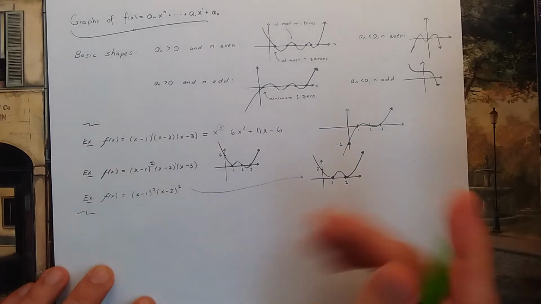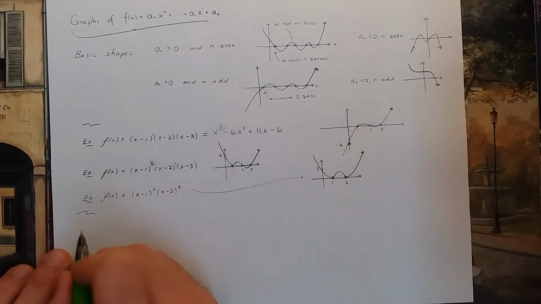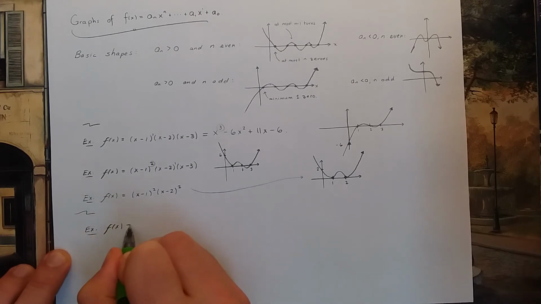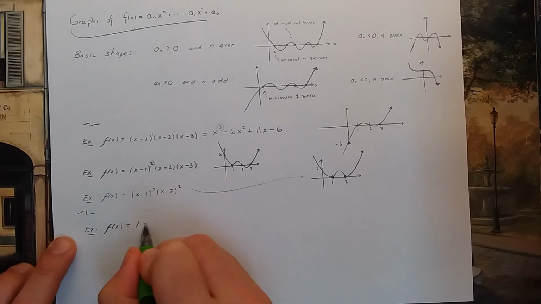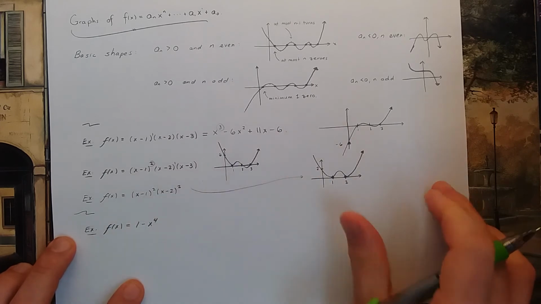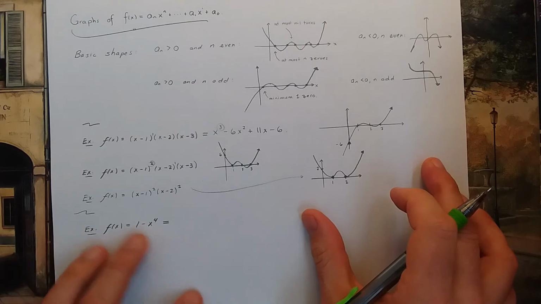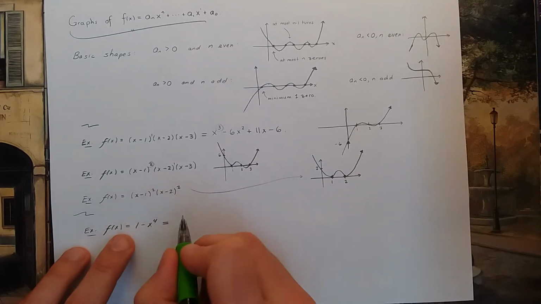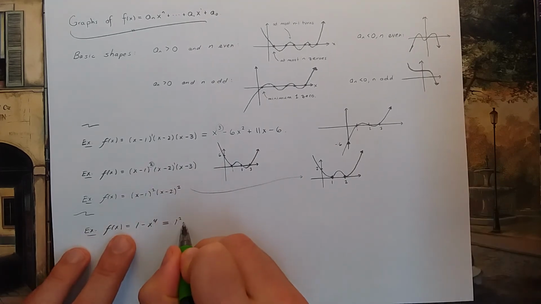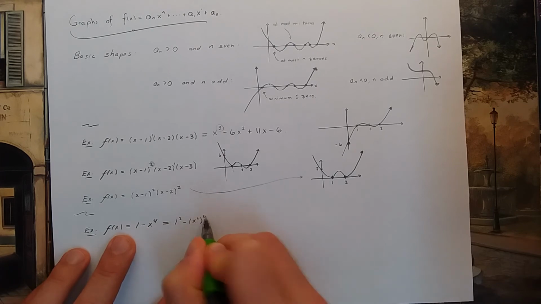Okay, let's finish this video with one more example of graphing with these ideas. What if I had the function f of x is 1 minus x to the 4th? Now this I will factor. This is a difference of squares. It's 1 squared minus (x squared) squared.